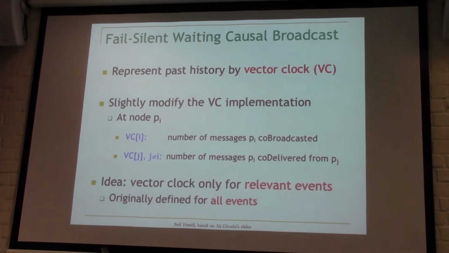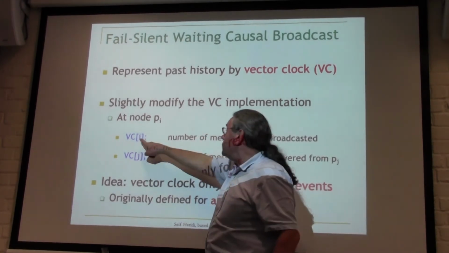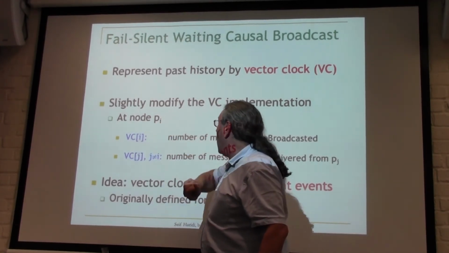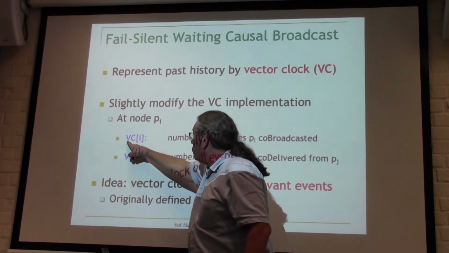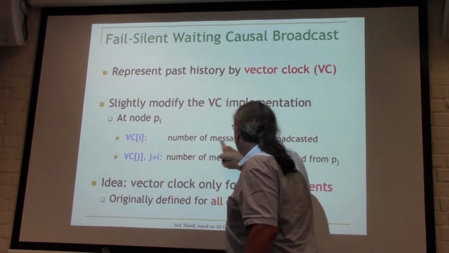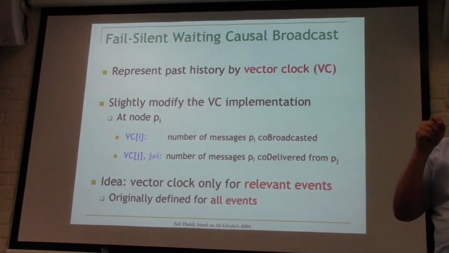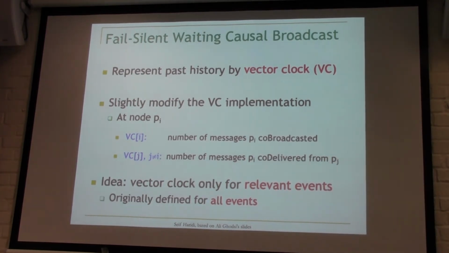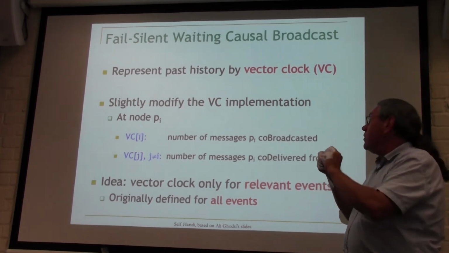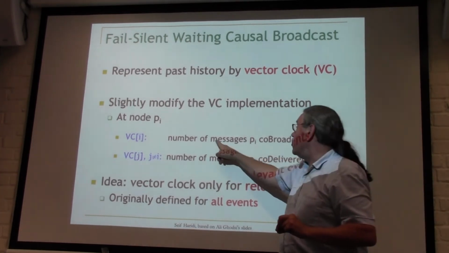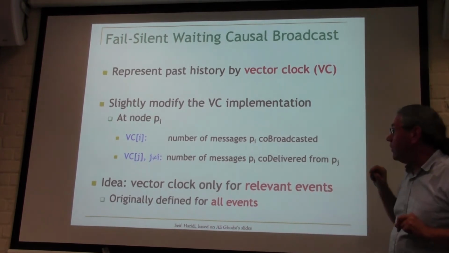And we saw how to compute a vector clock. It's an array of n at each node. So at node p_i, the VC of i itself is the number of messages that are causally preceding the current one on that node itself. The number of messages I broadcast.